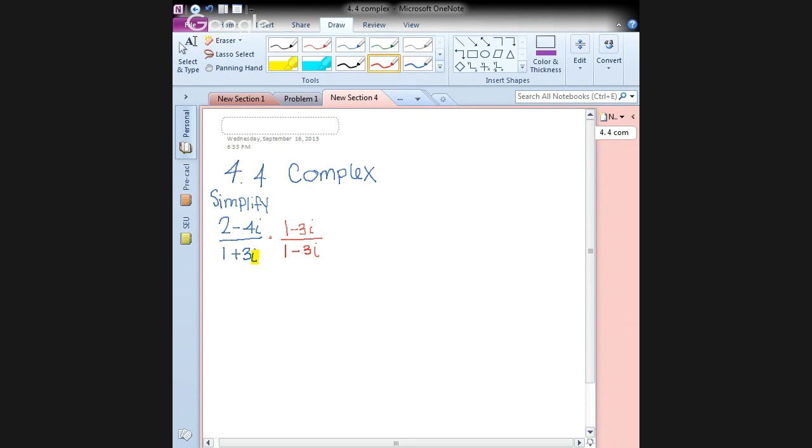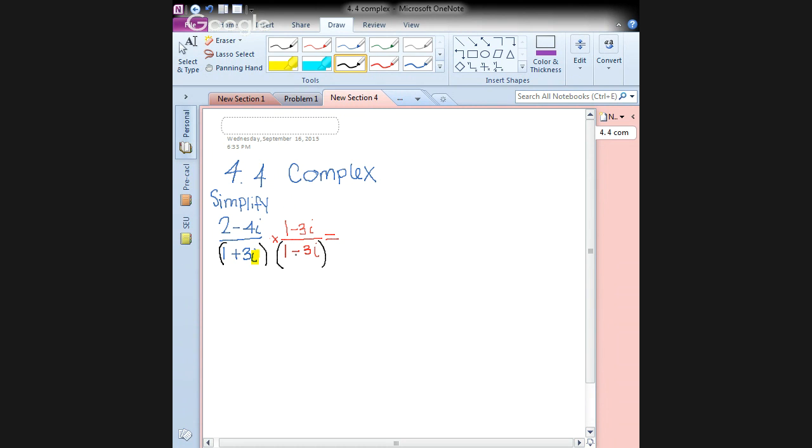Okay, so what happens when we do this is, this is a multiply, so I'm going to put an X there for multiply. We're actually creating two little multiplication problems. So I'll start with the bottom first, and all we're going to do with the bottom is multiply the bottom through. So you can FOIL the bottom, because they're exactly the same thing on the bottom. The only difference is my plus and my minus.